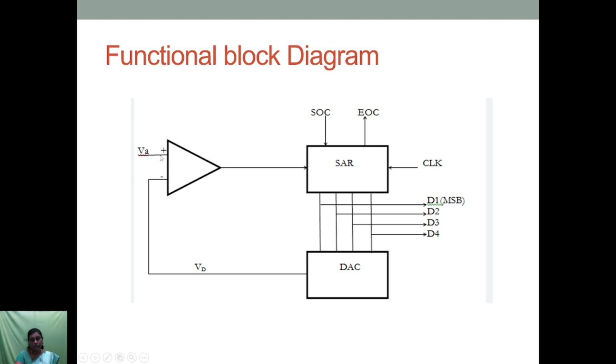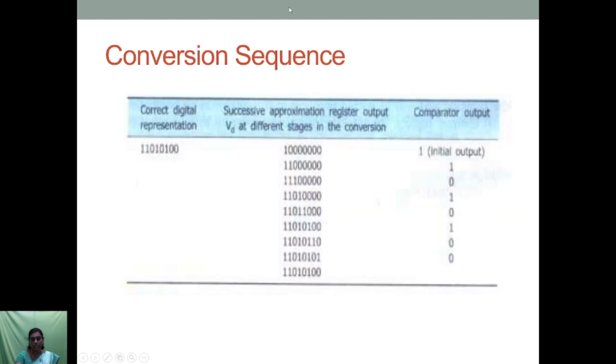If VA is greater than VD, the output will be 1, otherwise the output will be 0. Suppose the comparator output is 0, in this case, this digital code is greater than the input. If not, the output of the comparator will be 1.